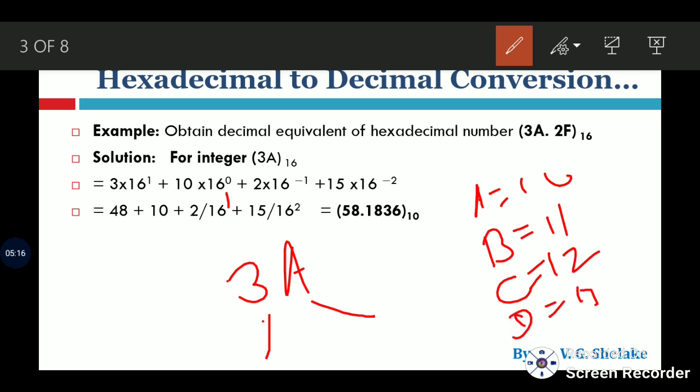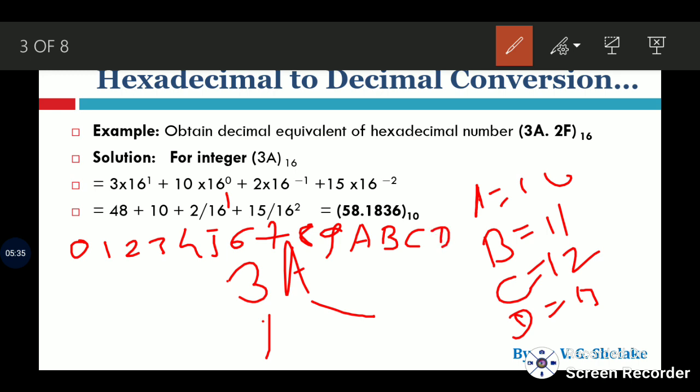Because in the hexadecimal number system, we write 0, 1, 2, 3, 4, 5, 6, 7, 8 and 9. After that, we represent 10 as A, 11 as B, 12 as C, 13 as D, 14 as E and 15 as F.